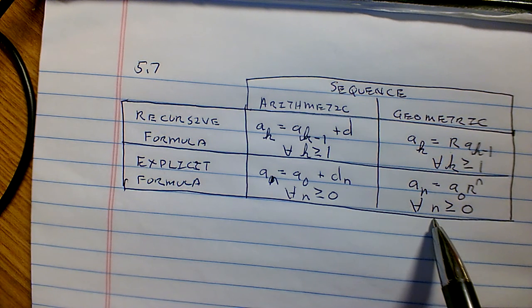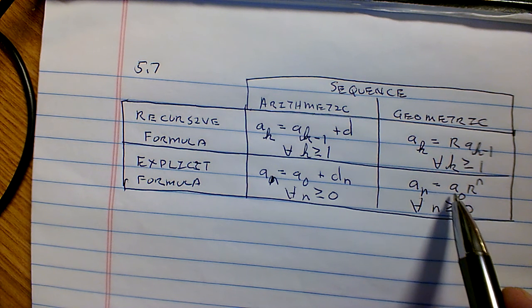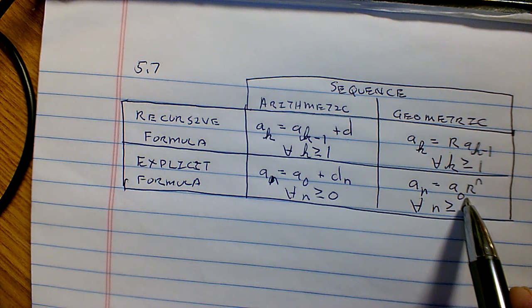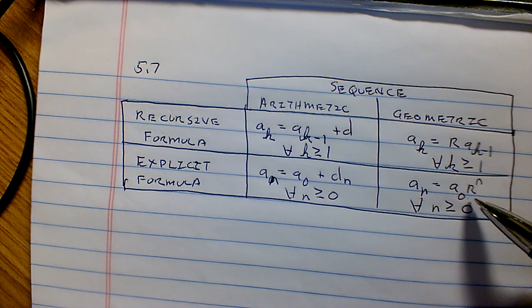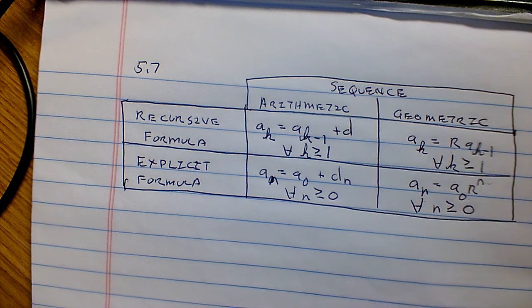If we want to immediately go to a particular term in the sequence, a sub n, we can take a sub 0, the initial place, and multiply it times the ratio to that exponent being n, the number of times.